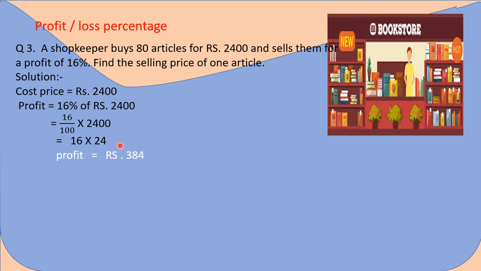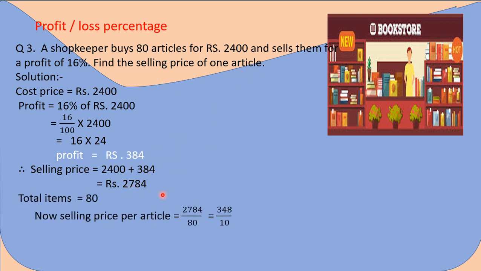In the profit case, we know that the selling price is greater than the cost price. So we can find the selling price by adding this profit to the cost price. Selling price is equal to 2400 plus 384, which is 2784. This is the selling price of 80 articles, but we have to find out the selling price of one article.